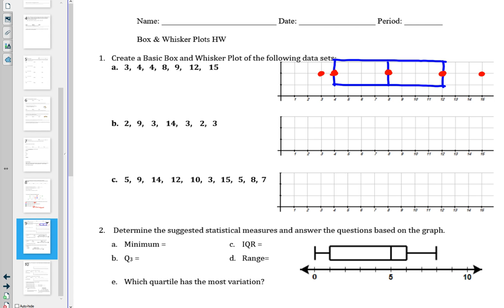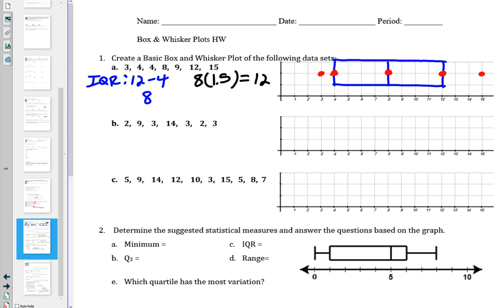So the way we do that is first you've got to calculate the interquartile range. What's my interquartile range here? It is 8. How'd you get that 8? Q3 minus Q1, which is 12 minus 4, which is 8. But then you've got to take that 8 and multiply it times 1.5. 8 times 1.5 is going to be 12.